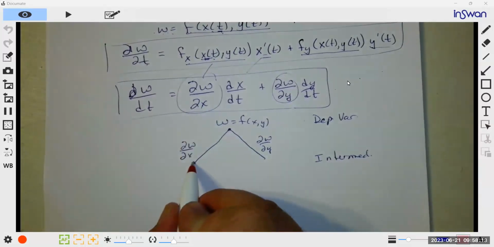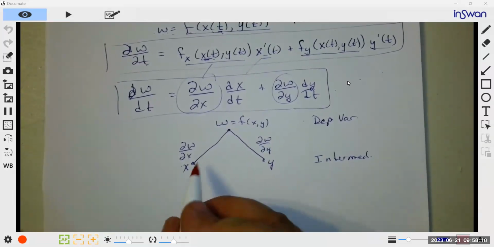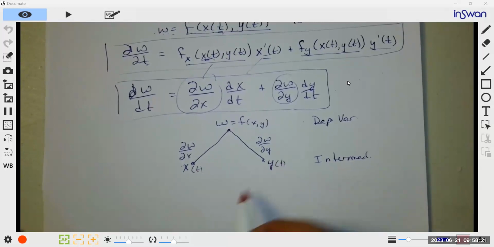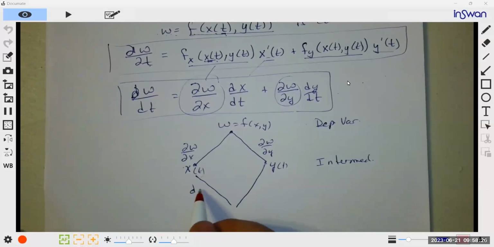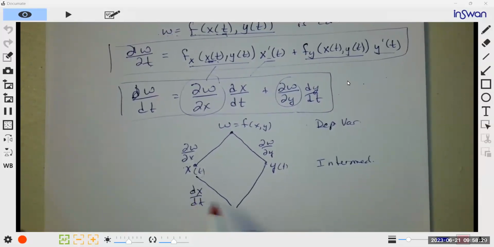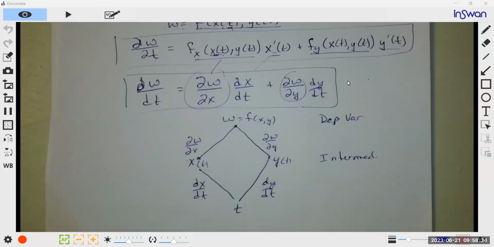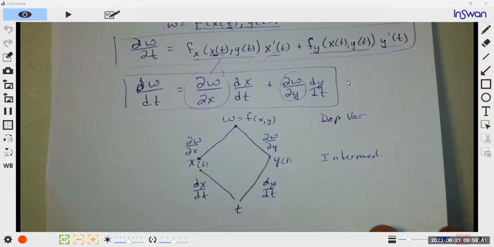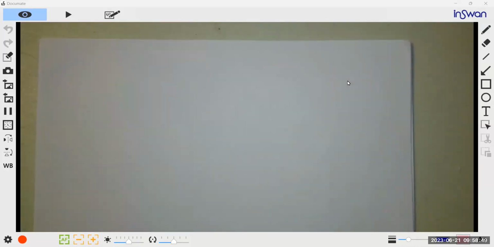That now finds us our x and our y. Remember, these are functions with respect to t. So now we take our derivative dx dt on this side, and dy dt on this side. All right, so it's pretty straightforward. If you read the chapter, it looks more complicated than it really is. It's just doing the chain rule, which we've done from Calculus 1.